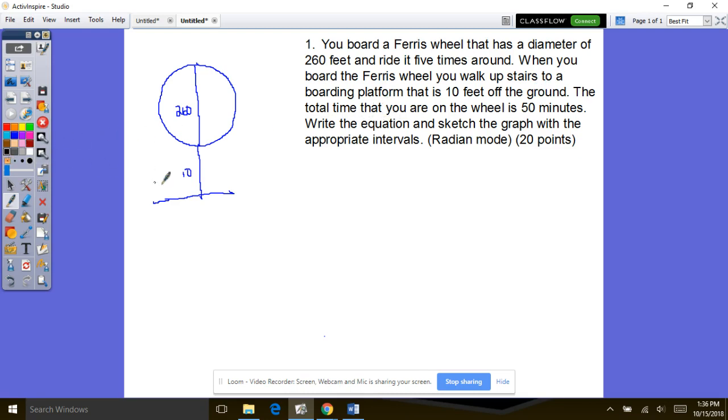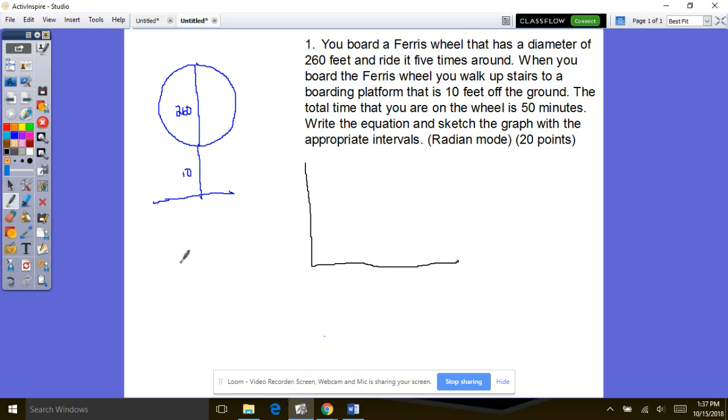Well, first, let's just draw an XY graph so we can visualize this. We need to focus on one cycle of the function. If the total time you're on this ride is 50 minutes and you were on it 5 times around, what's the time for one cycle?